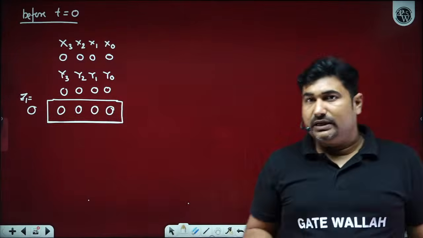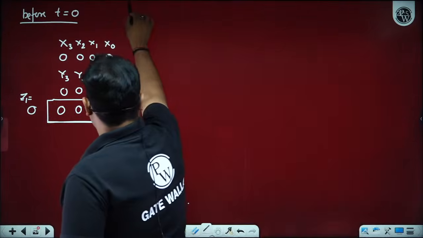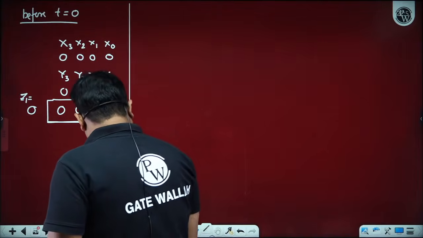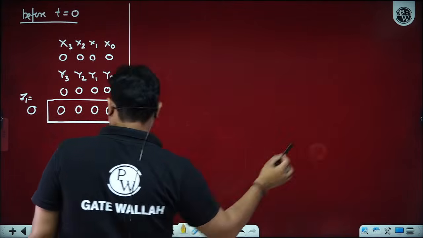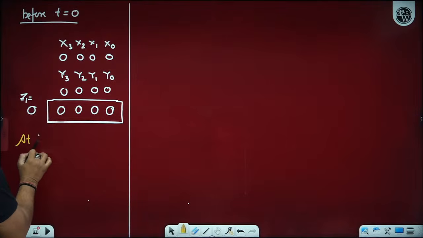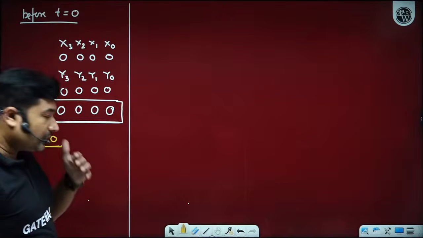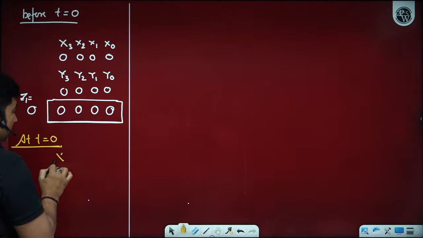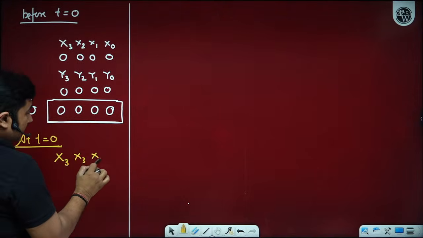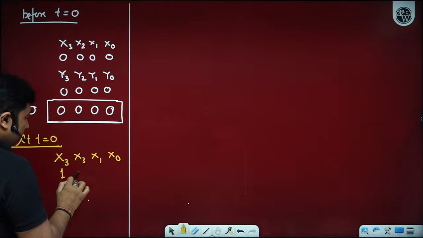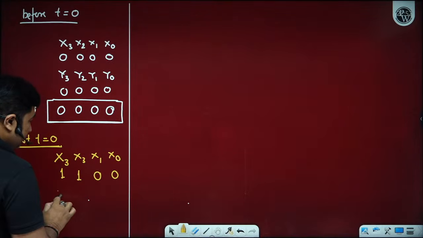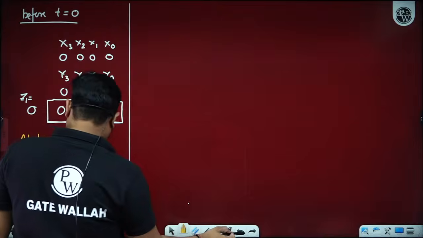Is it okay? At t equals 0, the data is changed. At t equals 0, what is the data of x3, x2, x1, x0? It changes to 1, 1, 0, 0. And what is the data of y3, y2, y1, y0?